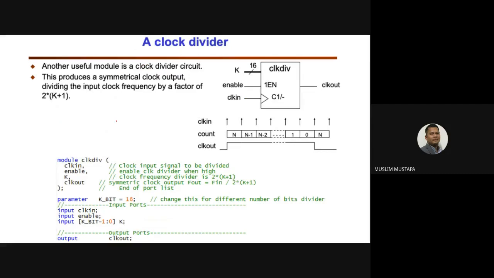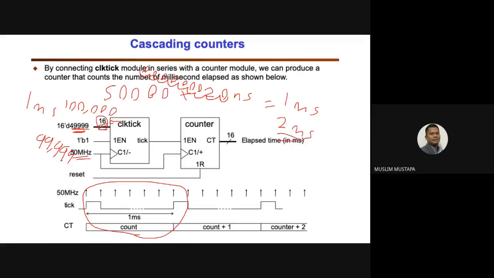Again, this is the clock divider. How can you divide the clock? It's still the same. Let's say you give 50,000, same as before, 49999.